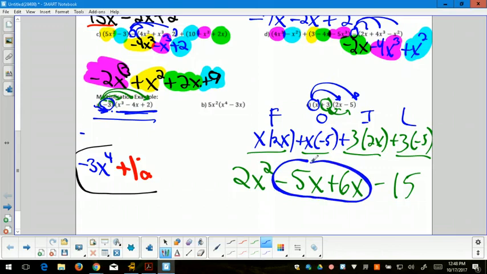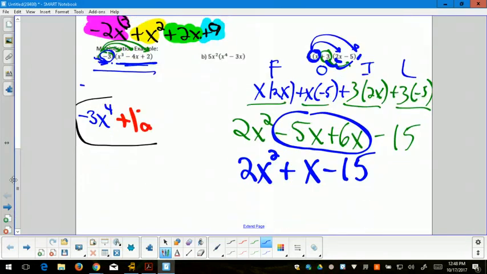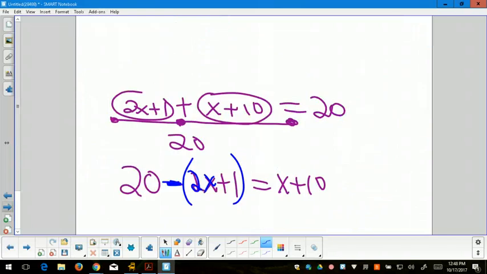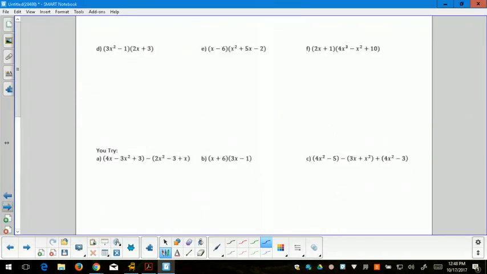Combine like terms. Those two are like terms. So this gives me 2x squared plus x minus 15. It becomes a trinomial. Quadratic. So you can do FOIL if you want, if it has 2, but really we're just distributing the first term into the other parenthesis, and then the second term into the other parenthesis, and combining like terms. In fact, that's what we're going to have to do on these next problems, including E and F.